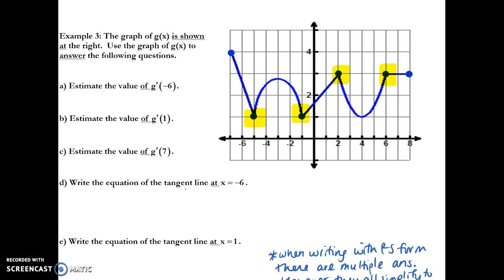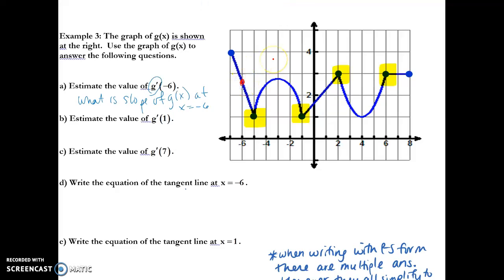Okay, so let's take a look at our questions starting at the beginning. So first of all, we want to estimate the value of g prime of negative 6. Now remember, when we see this g prime, what that is saying is, what is the slope of g of x at x equals negative 6? So if we look at our graph, when x is negative 6, that point is part of a linear segment of my line, right here.